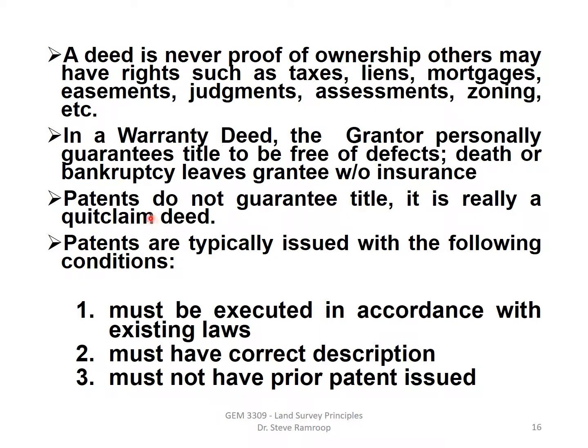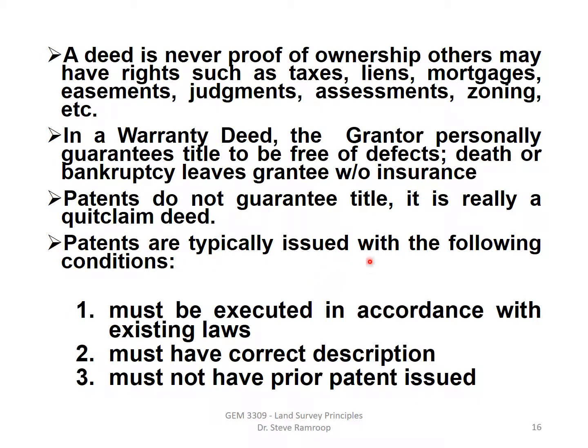Patents, that's the original grants given to first settlers in America, do not guarantee title. It is really a quitclaim deed. So the original patent given out to first settlers that came to America is referred to as a quitclaim deed.